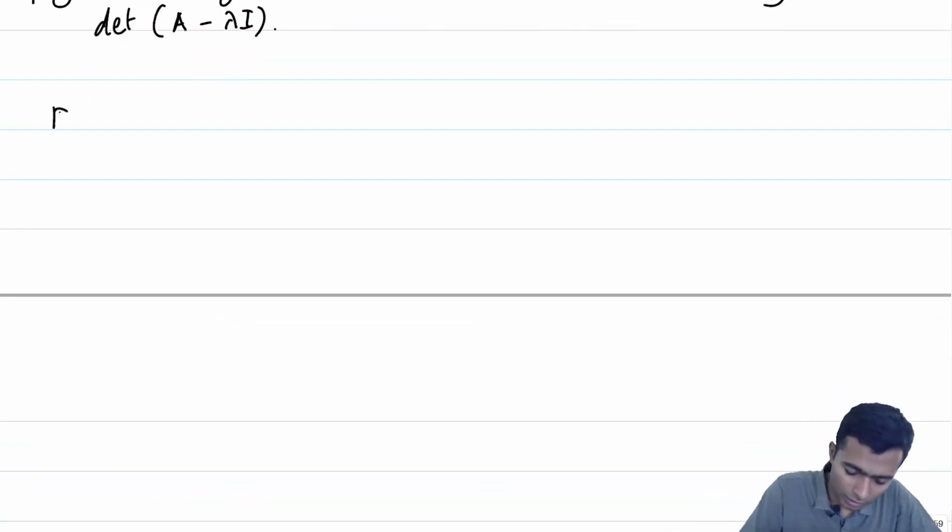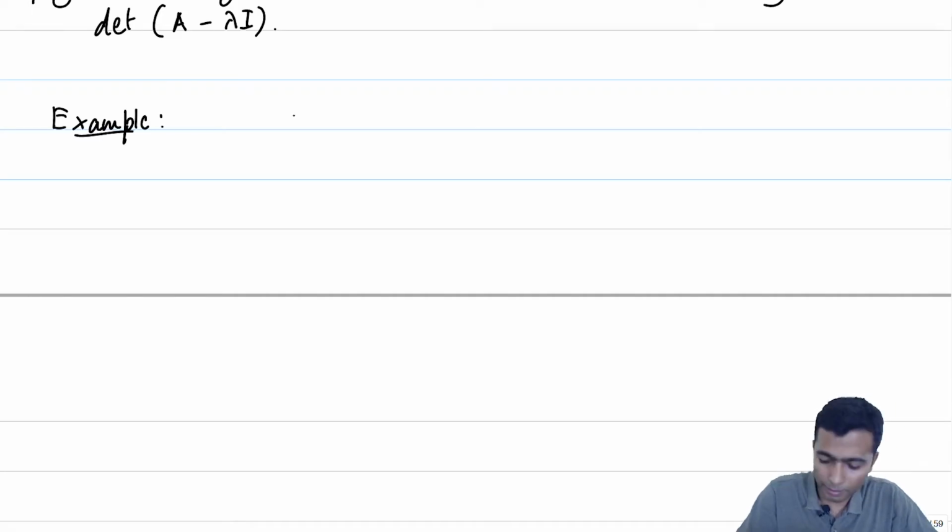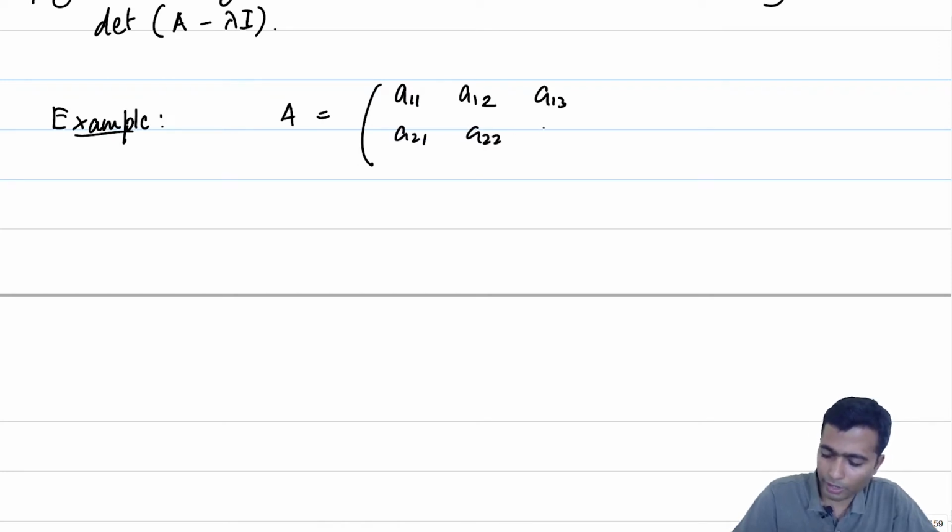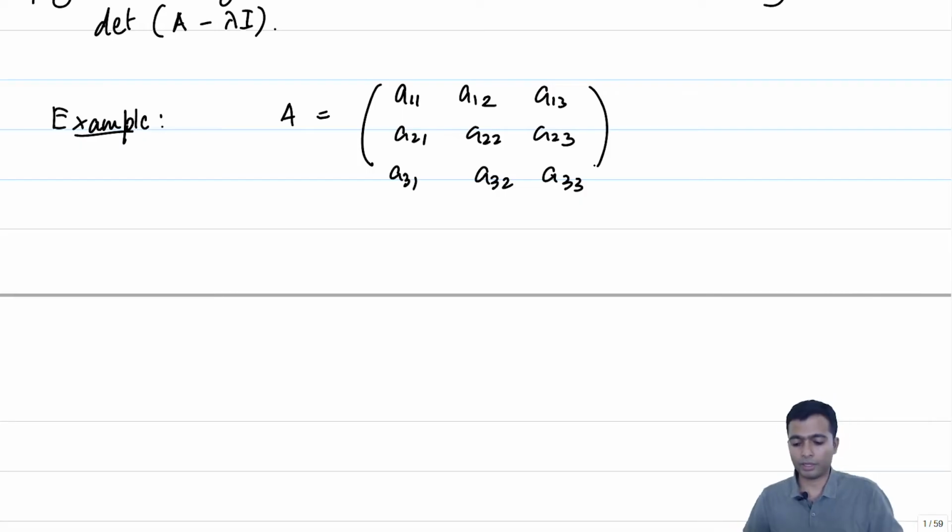Let's look at an example. What is it if it is some arbitrary 3 cross 3 matrix, with entries A11, A12, A13, A21, A22, A23, and A31, A32, A33? Suppose this matrix is given.